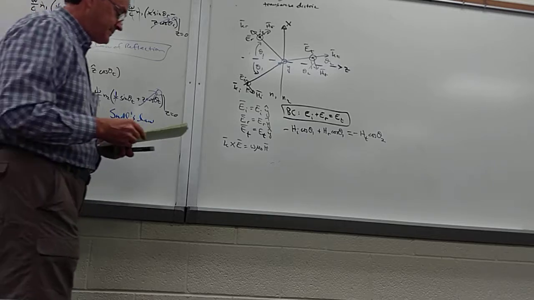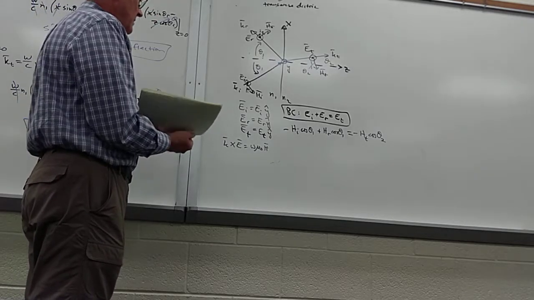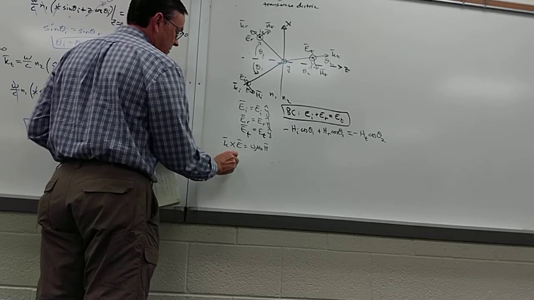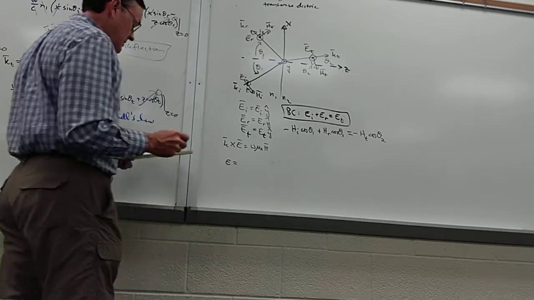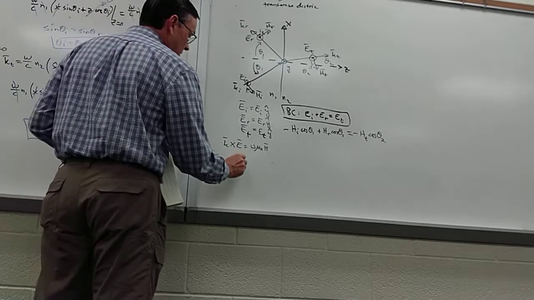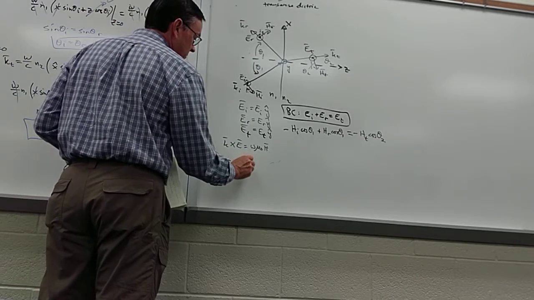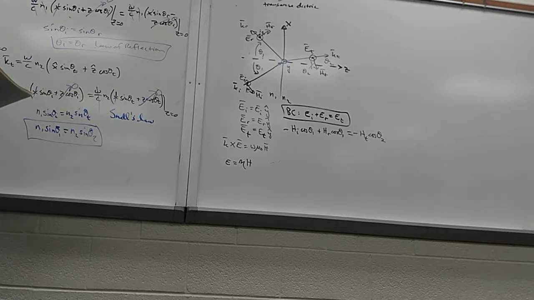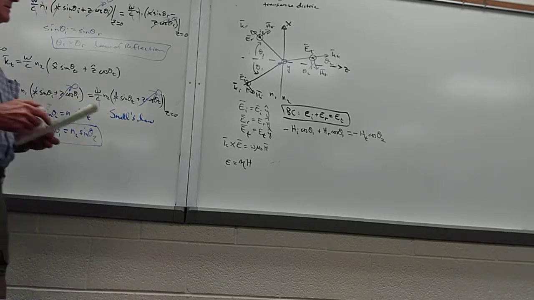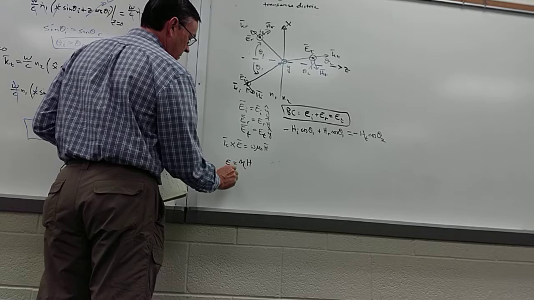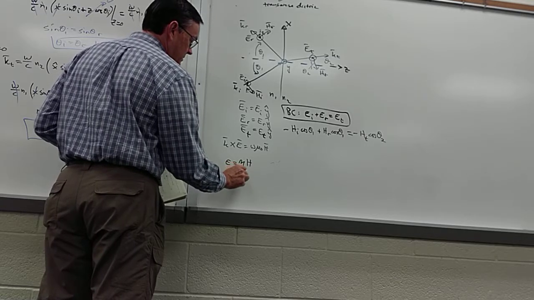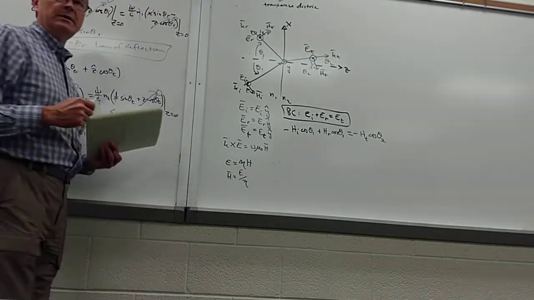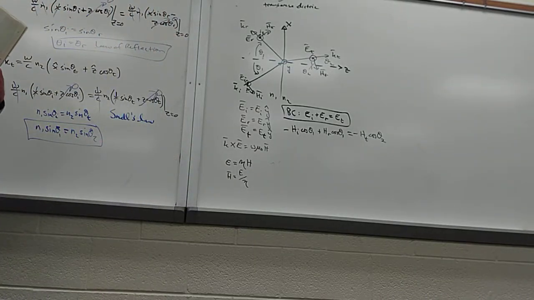Okay, so that's good. Now, recall that the magnitude of the electric field is equal to the impedance of the medium times the magnitude of the magnetic field. Therefore, the magnitude of the magnetic field is the magnitude of the electric field divided by the impedance of the medium.